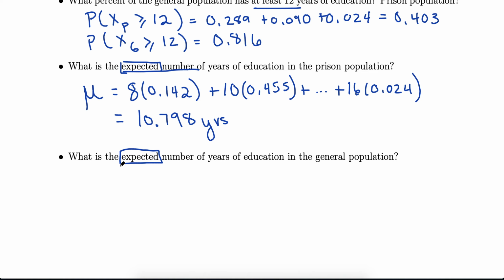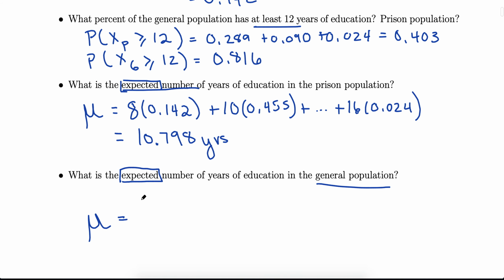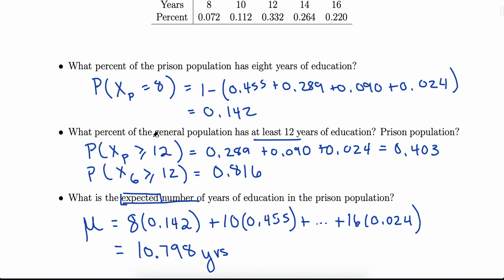Okay, hopefully you're noticing expected is telling us to find the average, and this time we're talking about the general population. So we're going to use the distribution for the general population. Same observations, 8 years to 16 years, but we have different percentages for each of these.